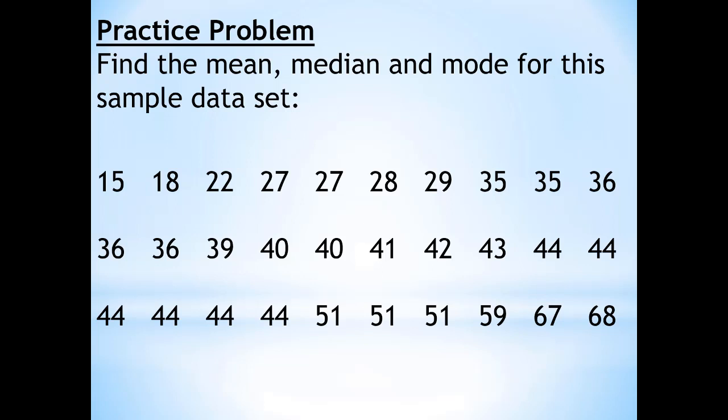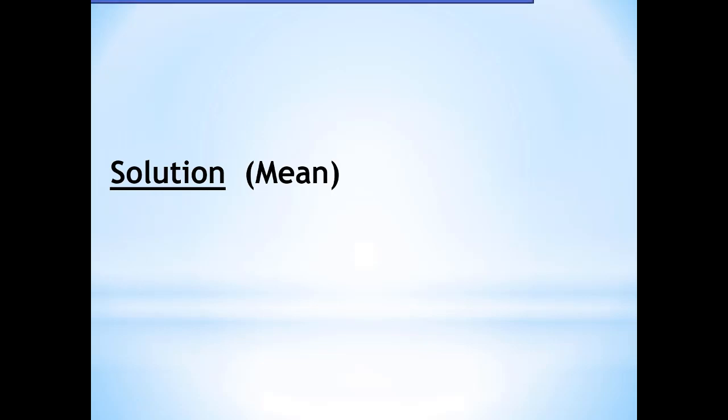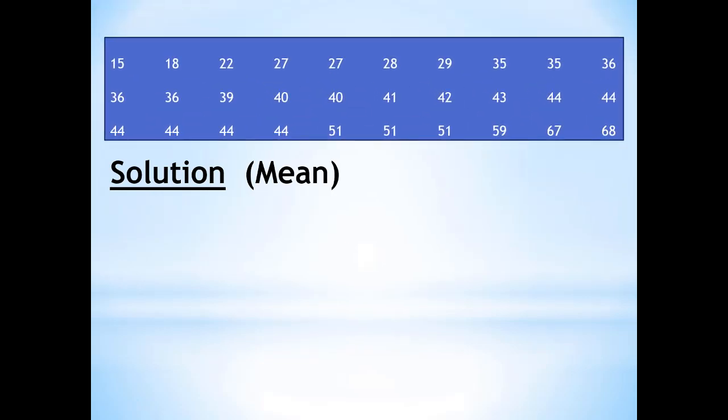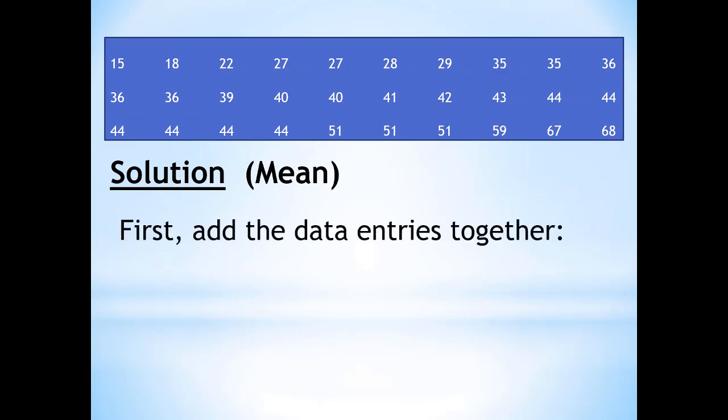Okay, let's take a look. We have our solution for the mean. We'll start there. We need to remember what these data entries were, all 30 of them. To find the mean, we're supposed to add them all up and divide by the total number of entries. If I add up these 30 numbers, they add up to 1,200.